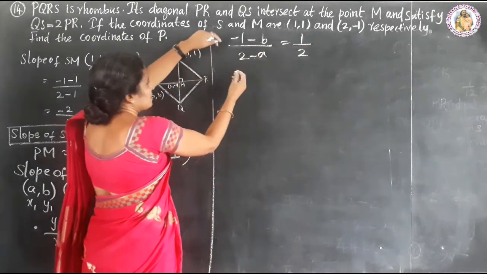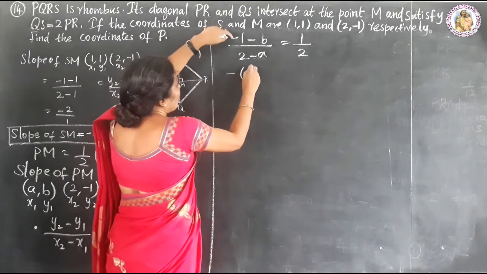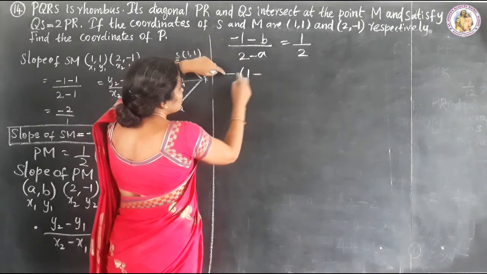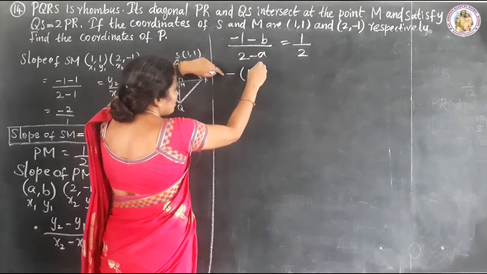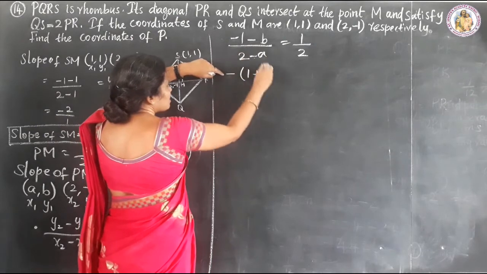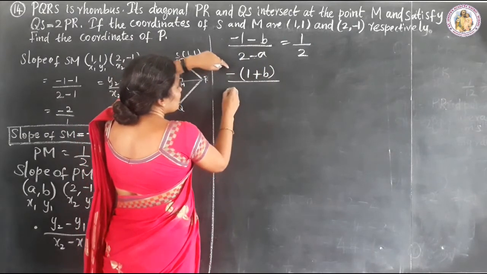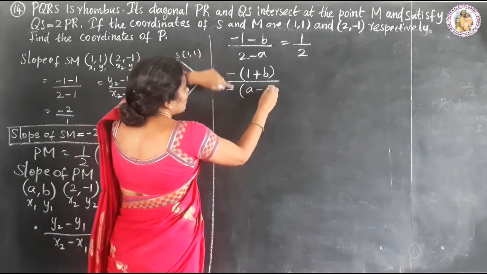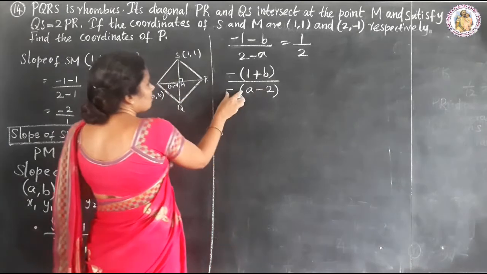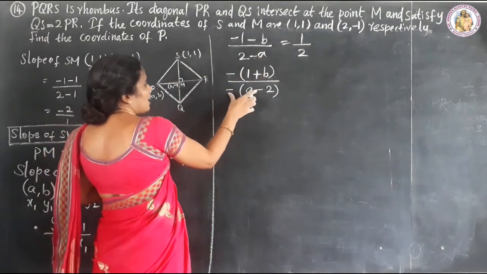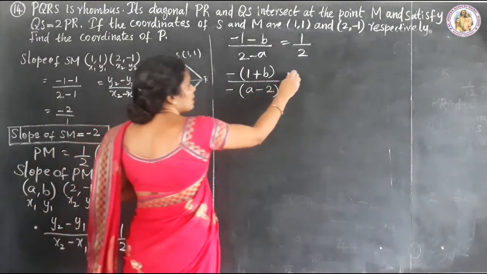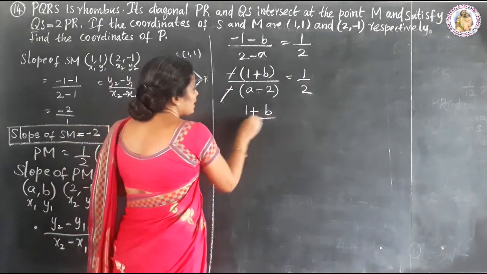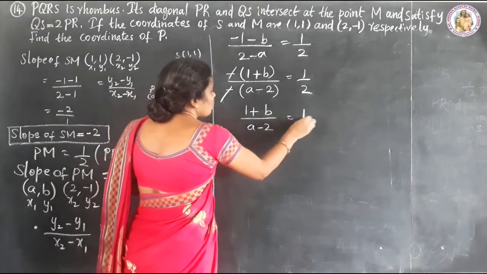To remove the minus signs, multiply numerator and denominator by minus 1: 1 plus b divided by a minus 2 is equal to 1 by 2.